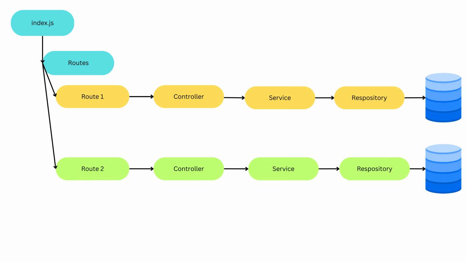The controller handles all the control flow. For example, if any route needs to get data from different sources, the controller will handle all that flow for you, the service class will maintain all the business logic, and the repository will handle all the database related stuff.